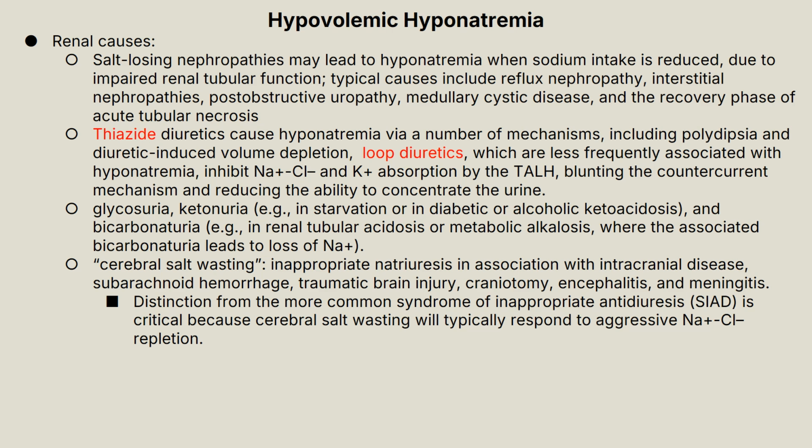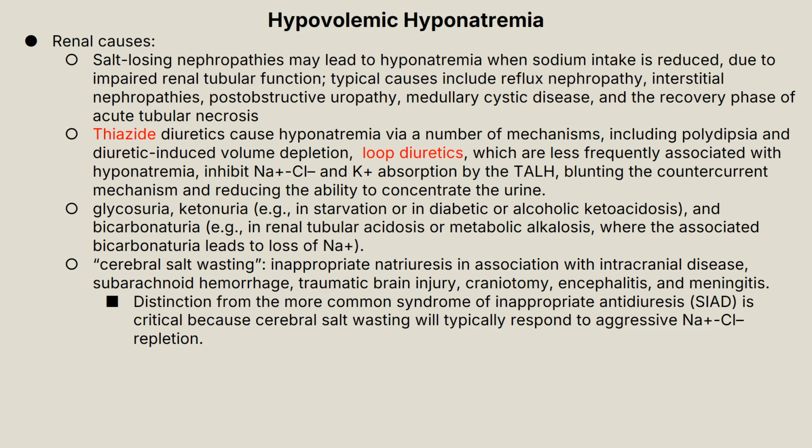Other causes we already mentioned, like glycosuria and ketonuria, such as in DKA or HHS, and bicarbonaturia, such as in renal tubular acidosis or metabolic alkalosis, where the associated bicarbonaturia leads to loss of sodium.